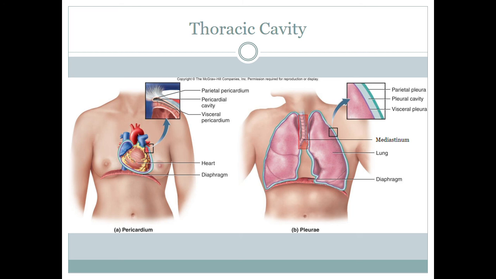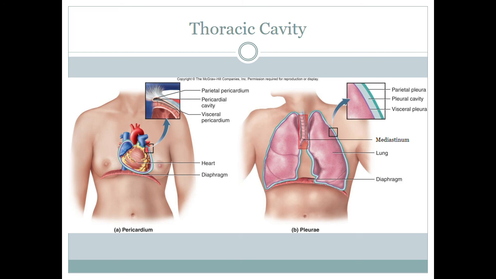Now, along the lateral sides of the pericardial cavity, the parietal pericardium is actually fused with the parietal pleura, which is right next to it. That forms a sac-like structure that the heart sits in called the pericardial sac.